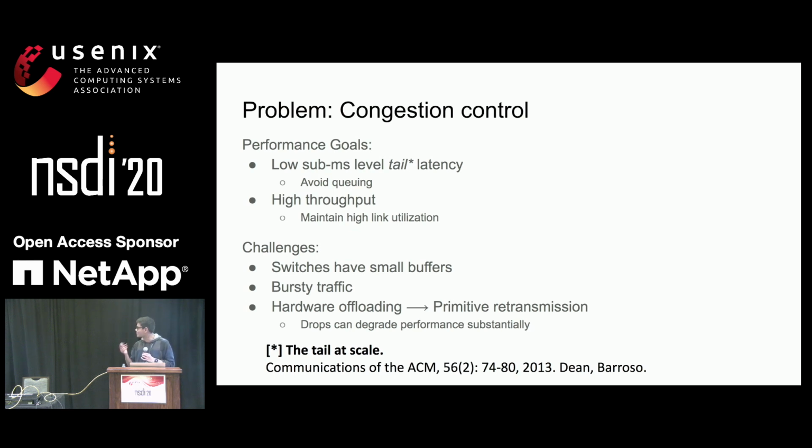This is RDMA that Brent was actually talking about. With hardware offloading, these data centers use primitive strategies for retransmitting the dropped packets. As a result, the performance degradation due to drops is even worse. In these settings, congestion control protocols are geared towards minimizing the switch buffering to avoid any losses.